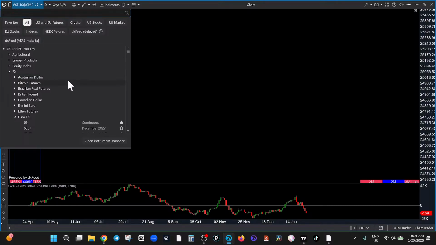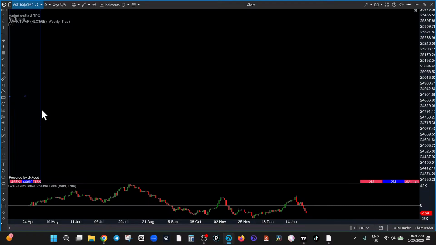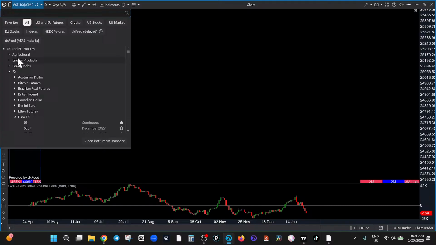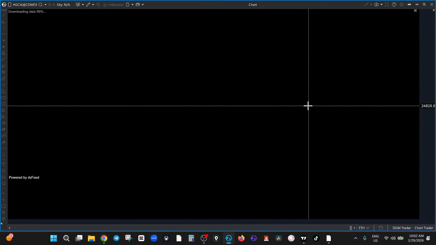Another good pair to trade right now is silver. Silver is on fire.